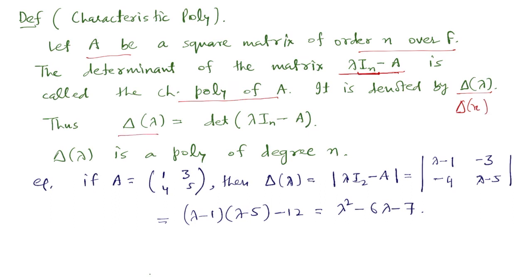So delta lambda is equal to determinant of lambda I_n minus A, and this delta lambda is a polynomial of degree n.